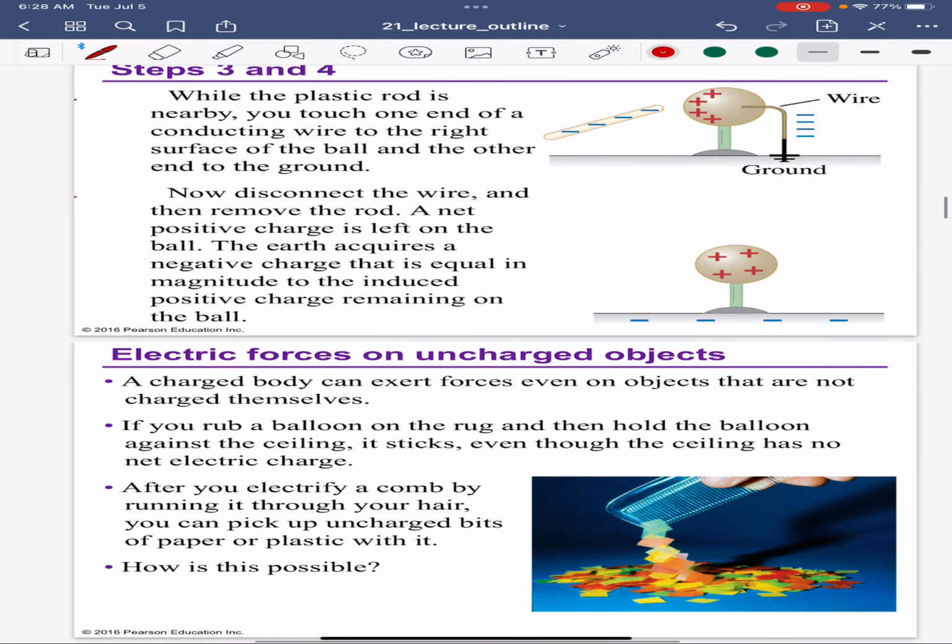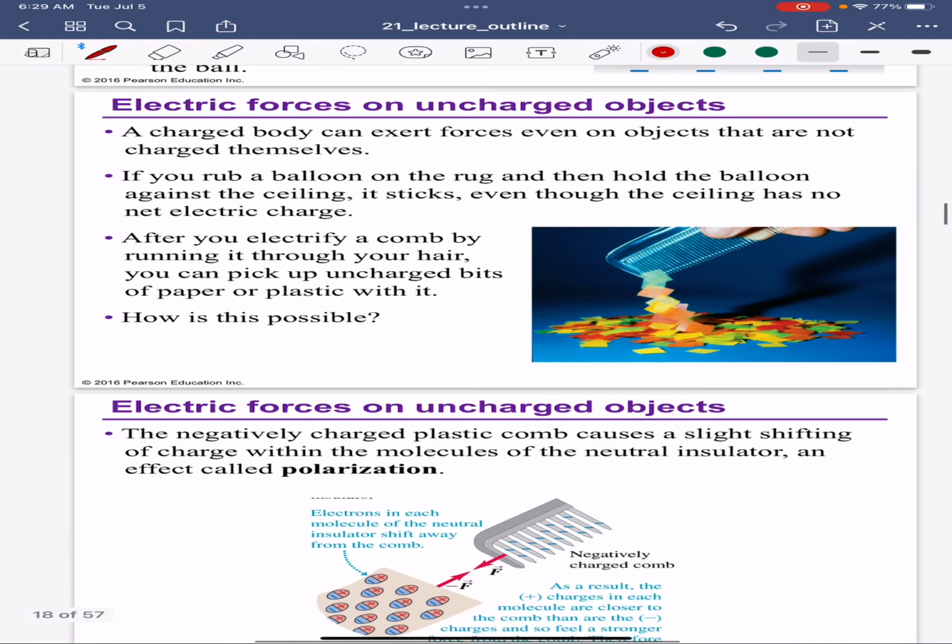Now, you might find that your comb is attracting your hair, or that a charged balloon is going to stick to the wall, and this is because we have something called polarization.